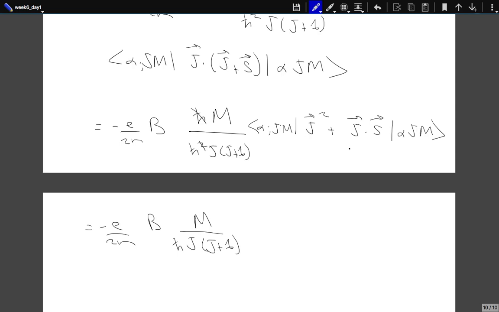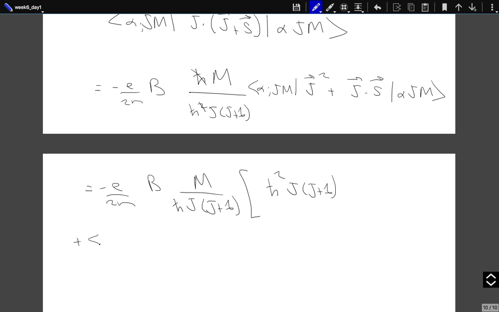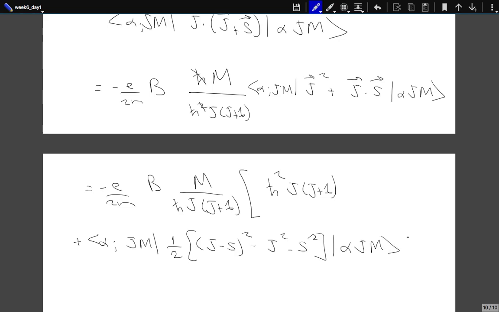Again, these bras and kets are eigenstates of j squared with an eigenvalue h bar squared j plus 1. Now for j dot s, I can write it as 1 over 2 times j minus s squared minus j squared minus s squared. Of course, not plus, it's minus.